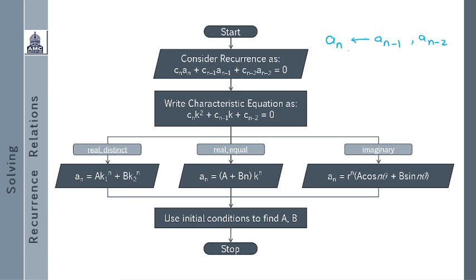Now, in this particular example, in this particular algorithm, the flowchart that you can see, we are going to find out the general term for a_n when the recurrence of a_n is dependent on a_{n-1} and a_{n-2}. So that is one step back and two steps back, respectively.